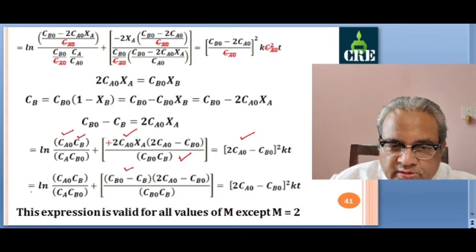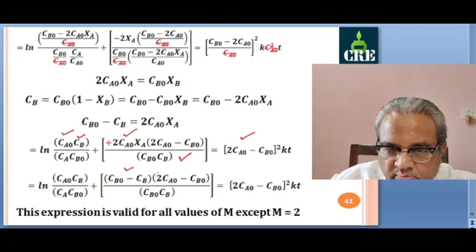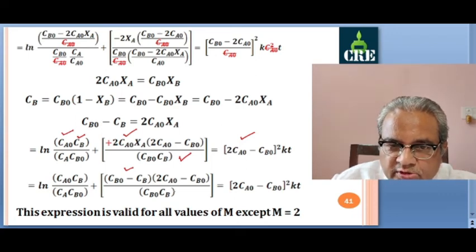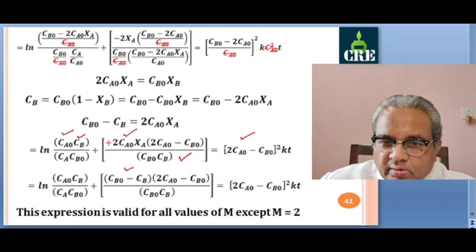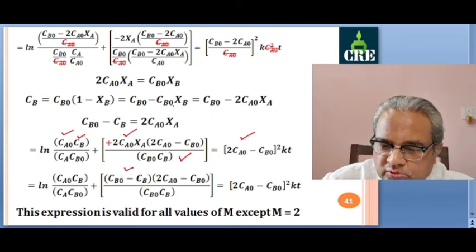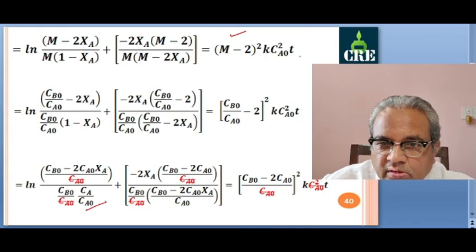So the final expression is ln of CA0CB by CACB0 plus CB0 minus CB into bracket multiplied by 2CA0 minus CB0 into bracket divided by CB0 CB, and that is equal to 2CA0 minus CB0 whole square into KT. On the right hand side we know m minus 2 whole square.